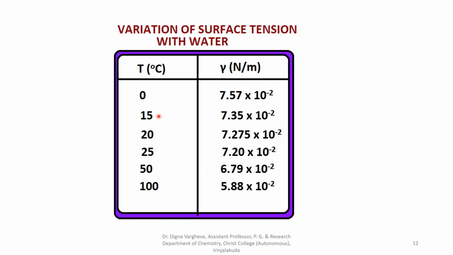At 15 degrees 7.35, at 20 7.275, at 25 degrees 7.20, at 50 degrees 6.79. At 100 degrees Celsius 5.88 into 10 raised to minus 2 is the surface tension value. So as the temperature increases, surface tension of a liquid decreases.